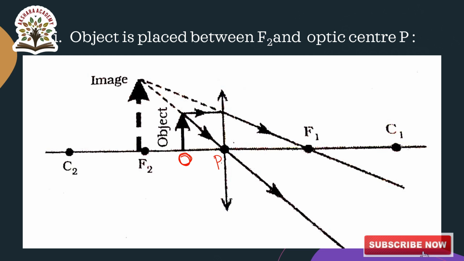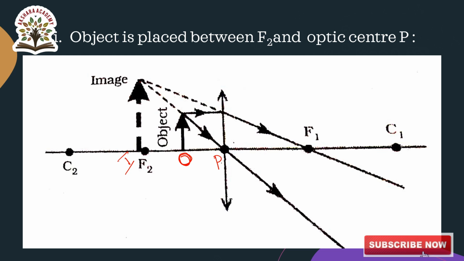It is undeviated, and these two rays are extended. They meet at this point. This is the image point. So the image is formed on the same side as the object. This image is virtual and erect.